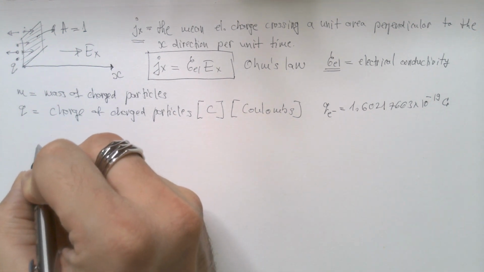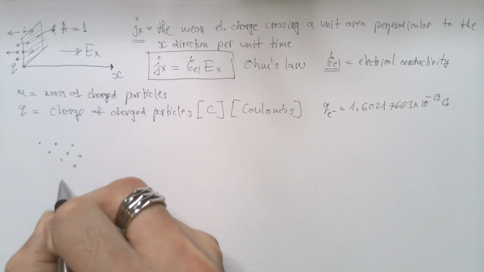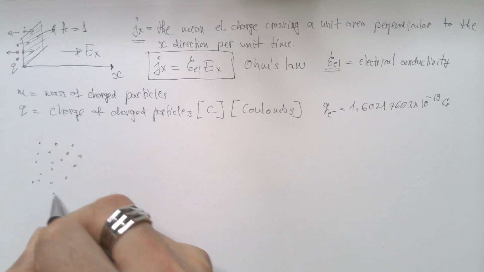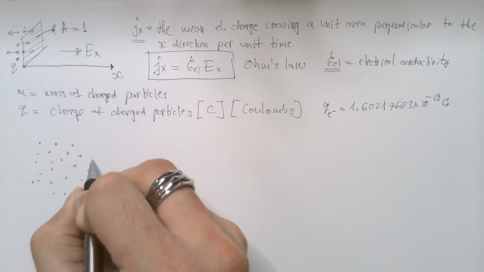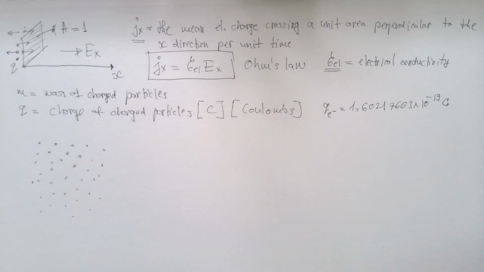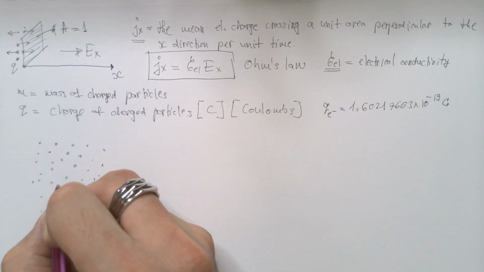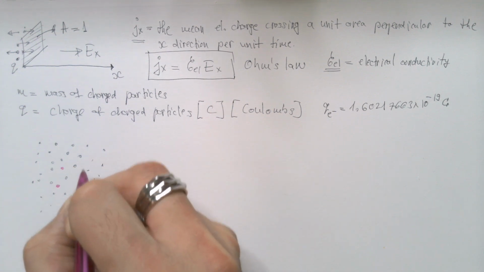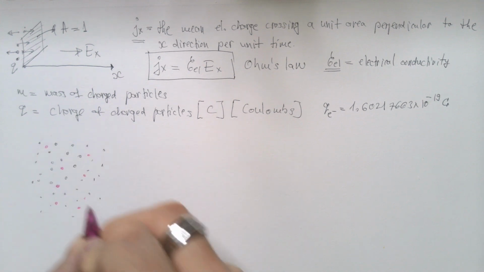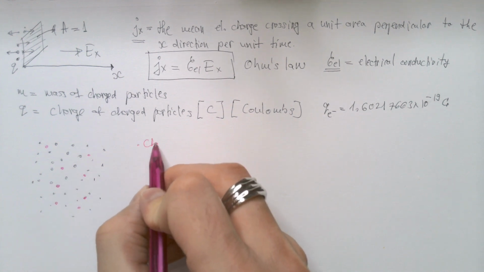Now let us look into a case where we have a lot of neutral molecules or atoms in an ideal gas, and I will denote them with these black dots. Among these neutral molecules or atoms, we also have ions or electrons, whichever one you want to imagine. Let's say these would be charged particles.